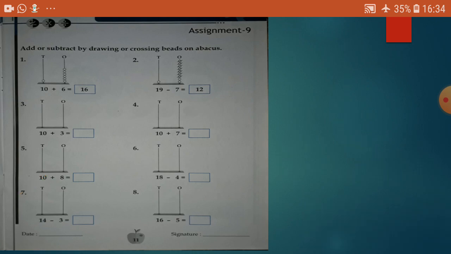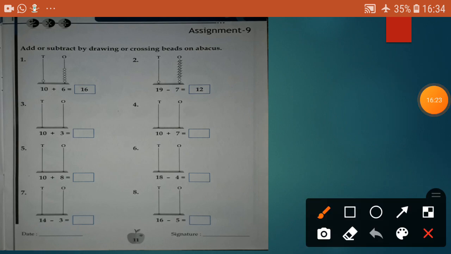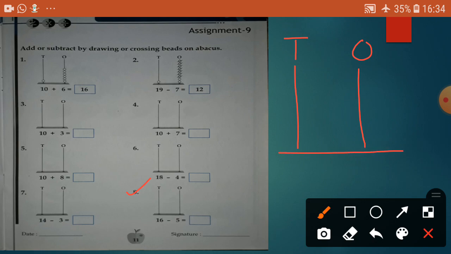Next, the last sum, number 8, tens and ones. Okay, 16. Beads also you draw here, 16, because this is subtraction. So 16 minus 5.